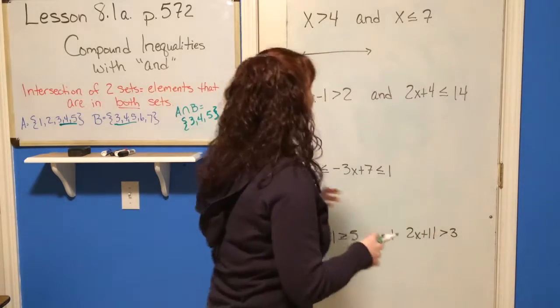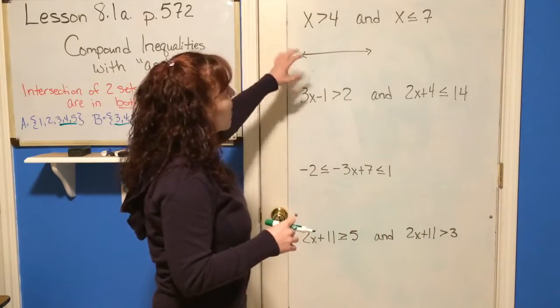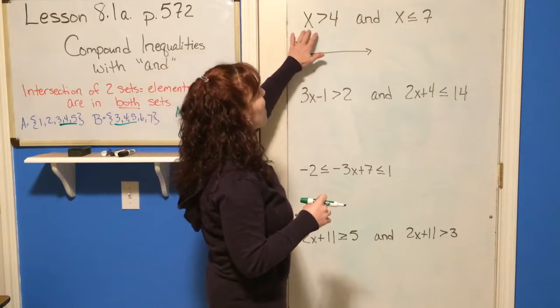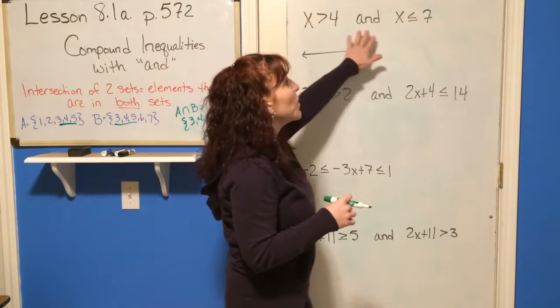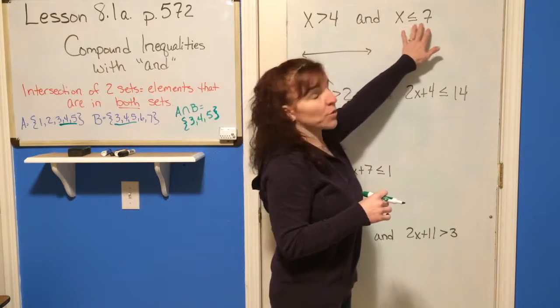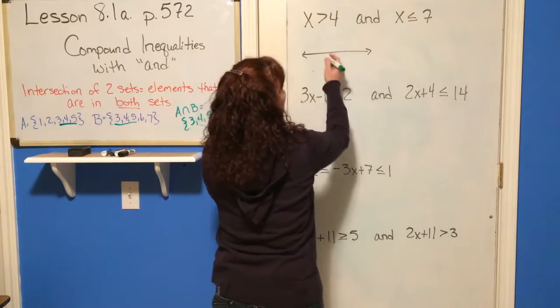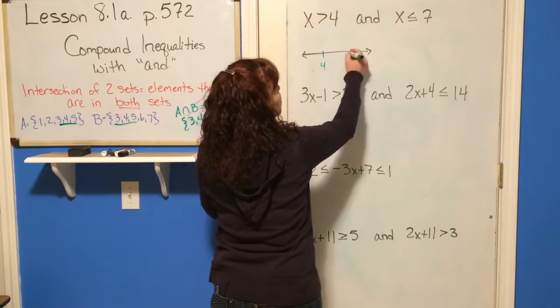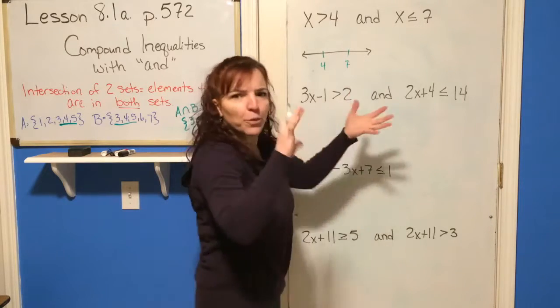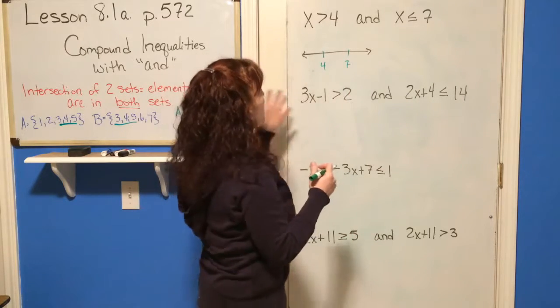All right. So now what that looks like in graph form is this. If I have x is greater than 4 and x is less than or equal to 7, what I mean is this. So 4 and 7 are points of interest, so we're going to just put 4 and 7. Make sure they're in the right order on your number line.